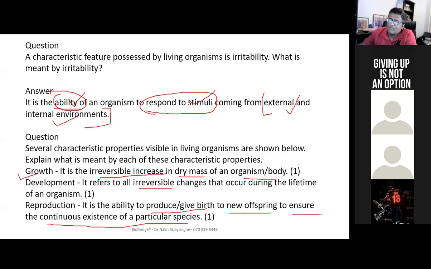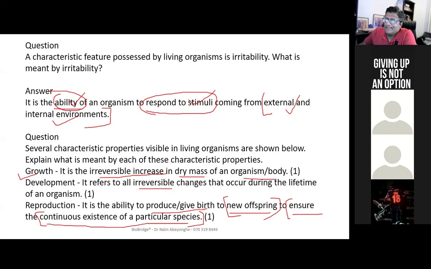Those are the points that carry marks: new offspring, and the intention to ensure the continuous existence of a particular species. By reproducing, you are ensuring the continuous existence of the species. Okay, got it?